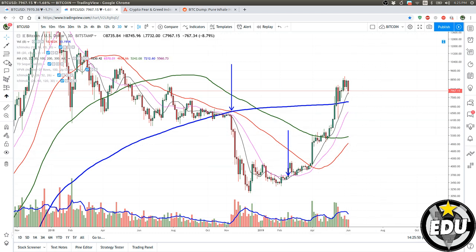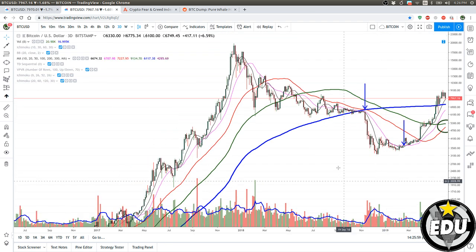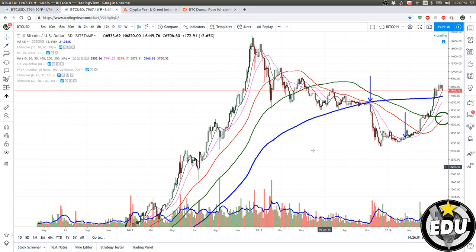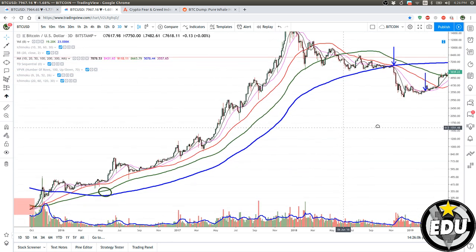Let's see what this cross did in the past. So, 50 crossing below 100. Just to compare. I'm not saying it's going to do the same exact thing because price action is different, but just curious.